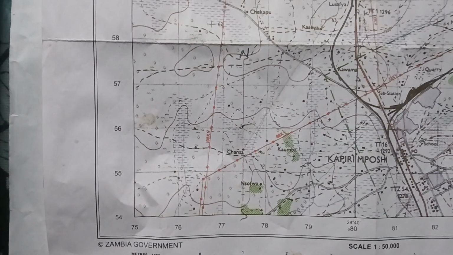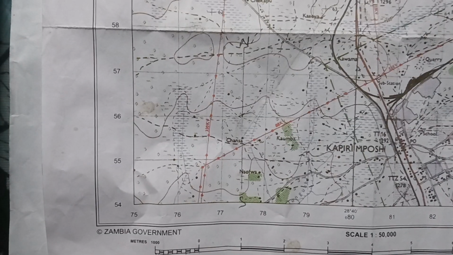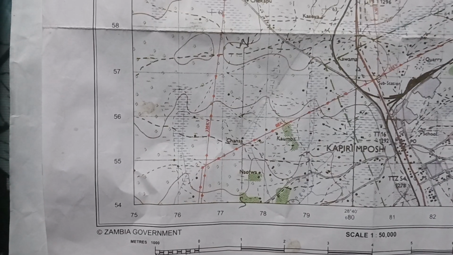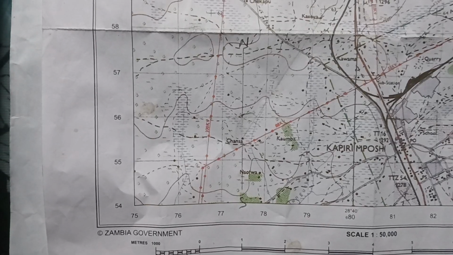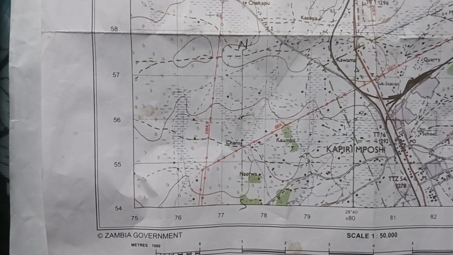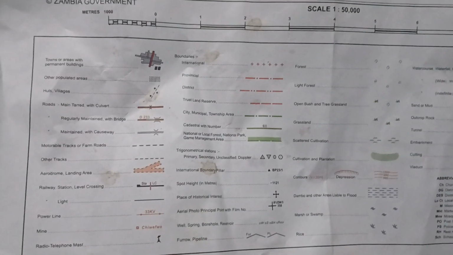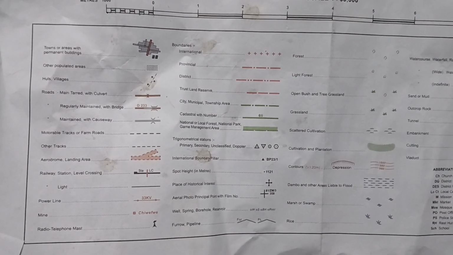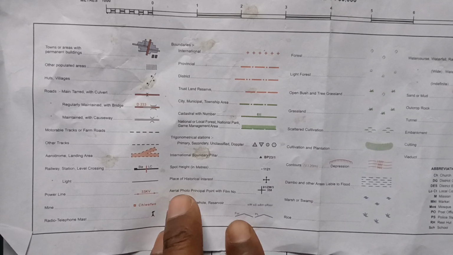So if you want to answer this question, talking about area photo 62, you have to go to the key here. You have to look for the symbol of the area photo. The symbol of the area photo is here: area photo principal point with film number.